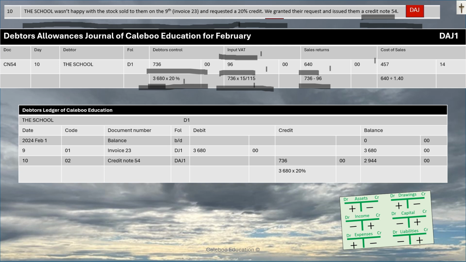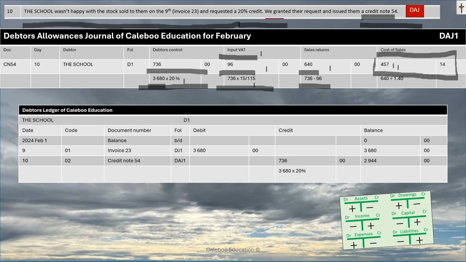Now revision, in this column, if the stock was returned to us, and we assume it was returned to us, there's not enough information in the transaction. If the stock was returned to us, we record it under cost of sales.